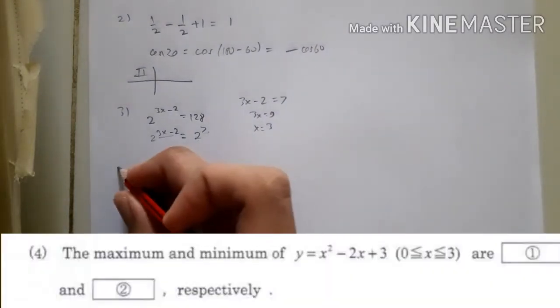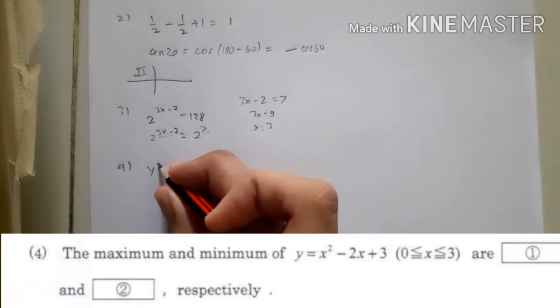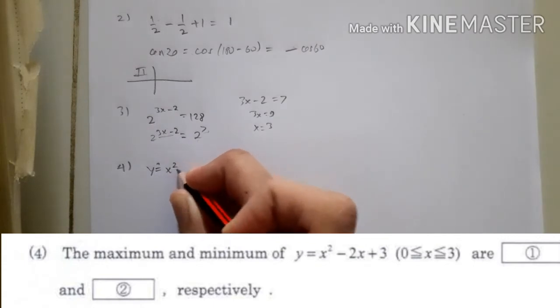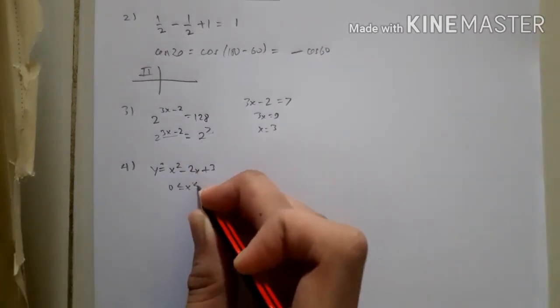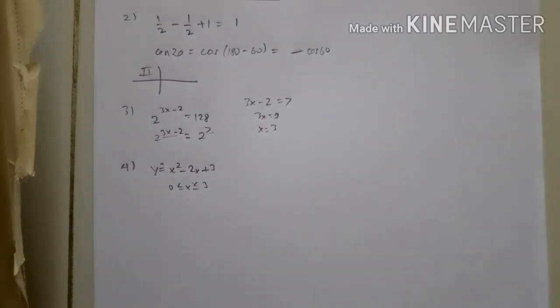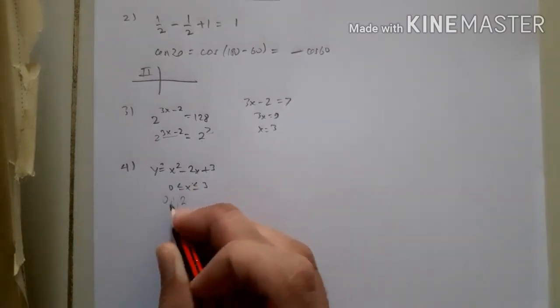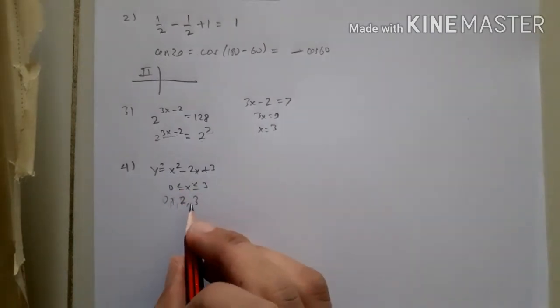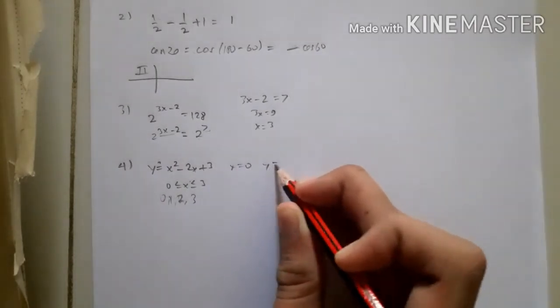Now number 4, the maximum and the minimum of y equals x squared minus 2x plus 3 from 0 to 3 are what and what? Because this is a small interval from 0 to 3, we just test it one by one. For x equals 0, y equals 3.